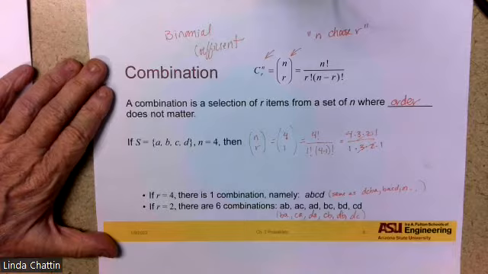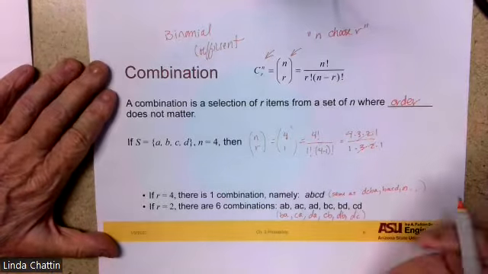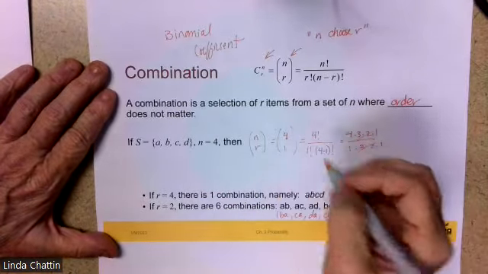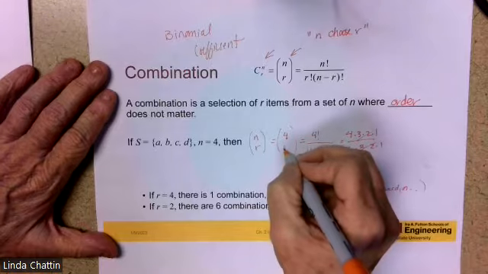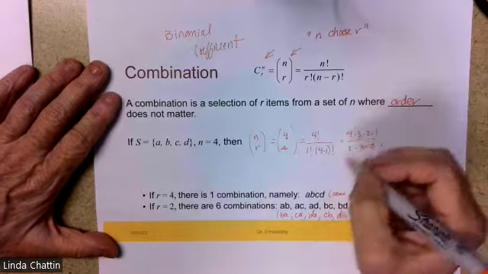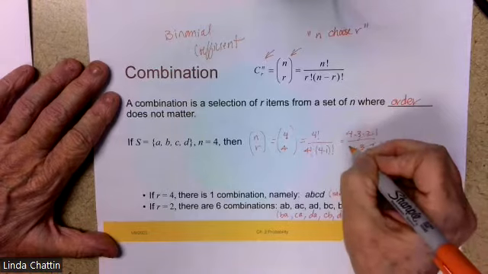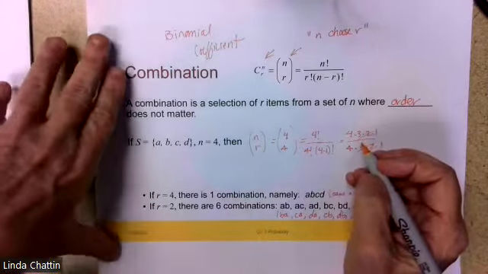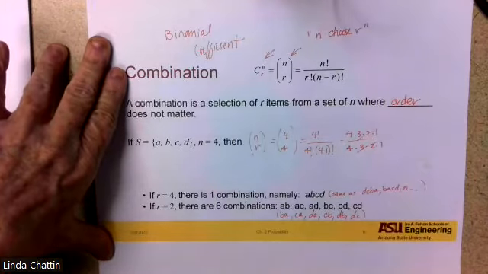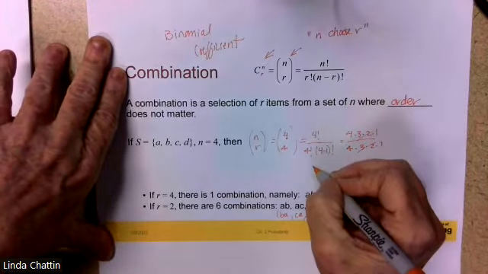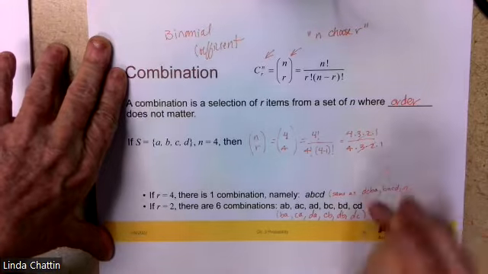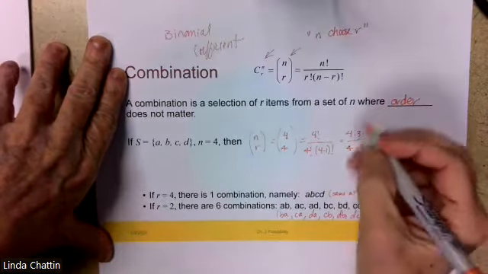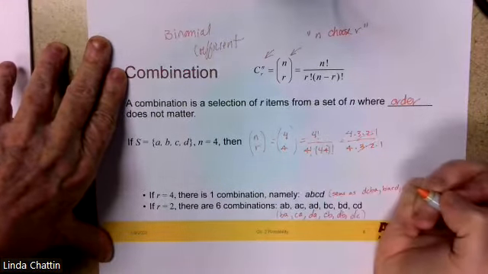Hang on. Well, when R is 4, sorry about that, this would be 4 choose 4. My apologies, I got ahead of myself a bit. So we would have 4 times 3 times 2 times 1, and then we'd have 4 factorial times 4 minus 4 factorial.